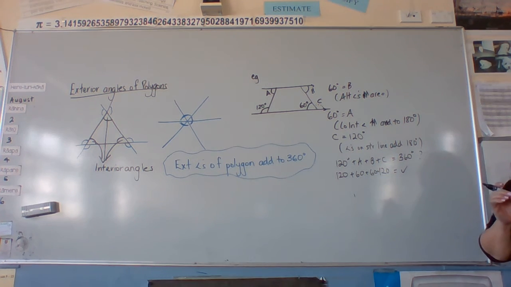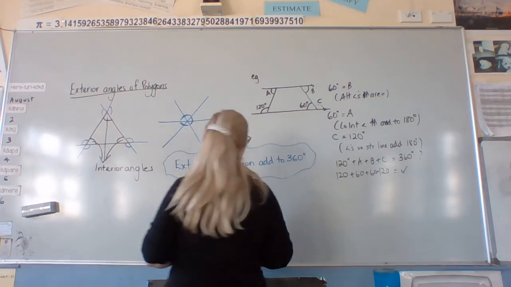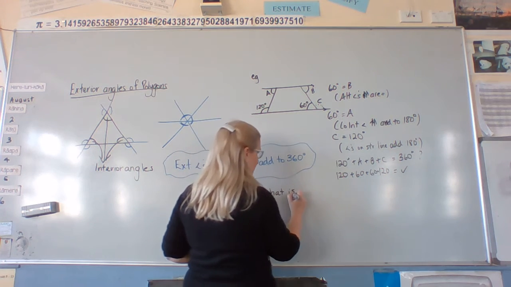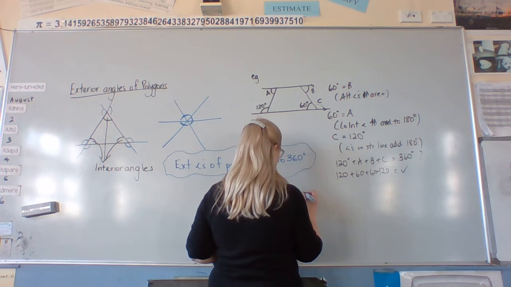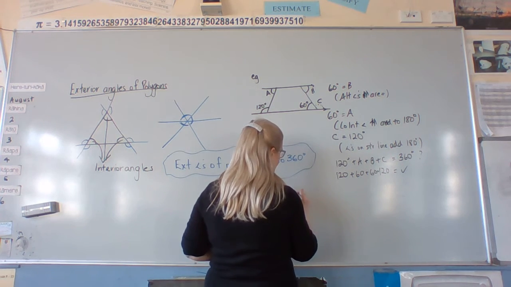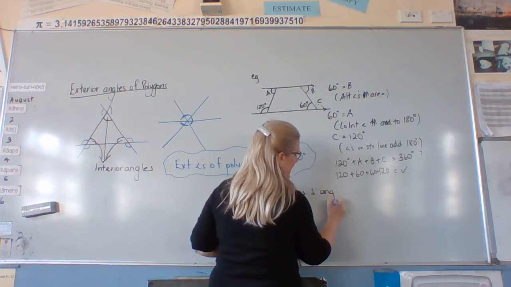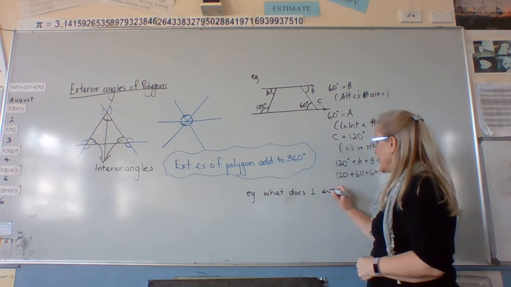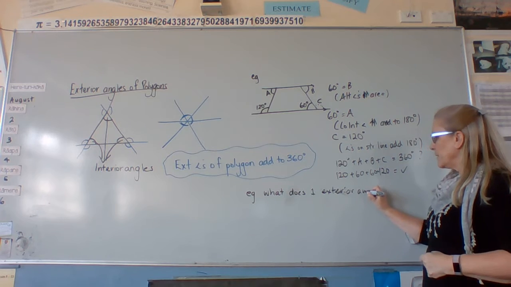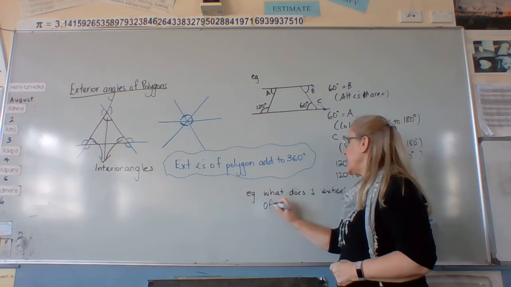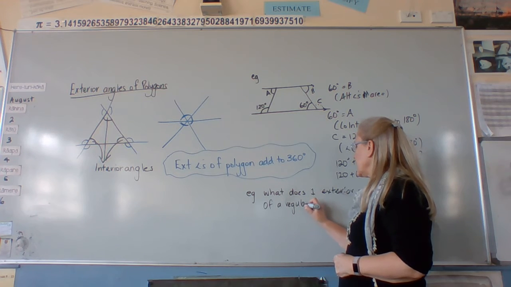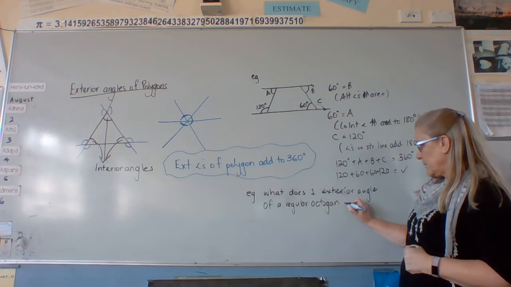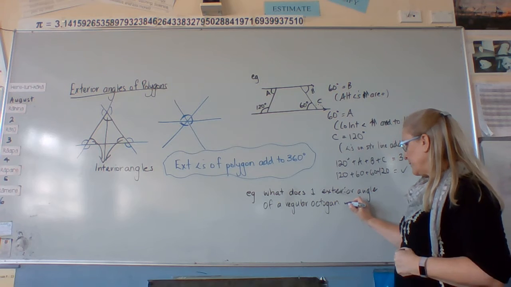All right. What is most likely to be the question is, what does one exterior angle of a regular octagon equal?